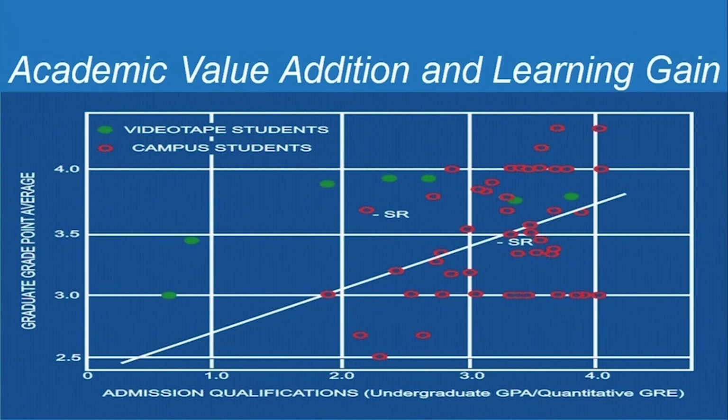How do I see the performance? The x-axis here is the admission qualification axis, which means if we look at this student here, at the beginning when the admission took place, her GPA was less than 1.